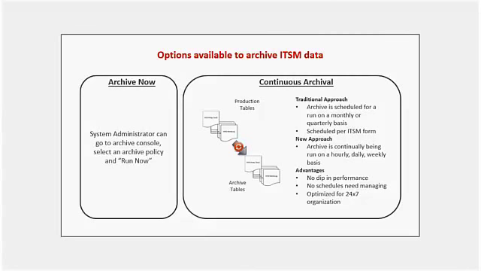The advantages really in doing this is no dips, peaks, and valleys in performance of archive, no schedules need managing, and it really is optimized for a 24/7 organization because traditionally a lot of people schedule these archives once a month, every 2 months. It might happen at midnight, 1 in the morning, something like that. But in a 24/7 organization, you can't have that kind of peak and valley. So the idea is to spread that out in this continuous approach, and then you do not have that type of impact on the system.